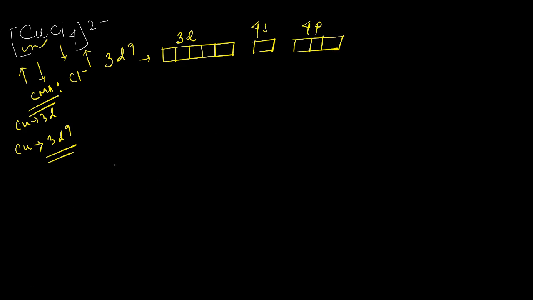Copper has 3d9 electronic configuration. That means this 3d orbital contains 9 electrons: 1, 2, 3, 4, 5, 6, 7, 8 and 9.